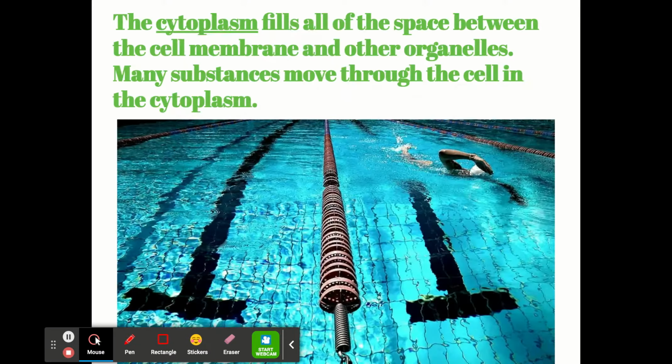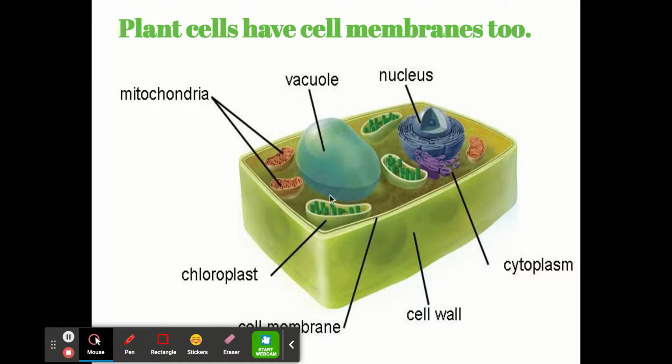But then if you look at, let me go back to the plant cell, the vacuole in the plant cell is quite big, and a lot of them hold water. And that's because plants do photosynthesis and they have to have water to do photosynthesis. So when it's stored in the vacuole, then it's easy access for the cells to be able to do photosynthesis because the water is right there.